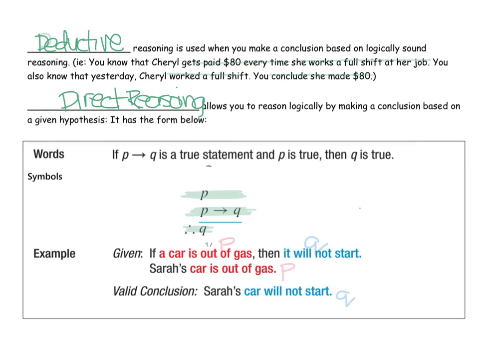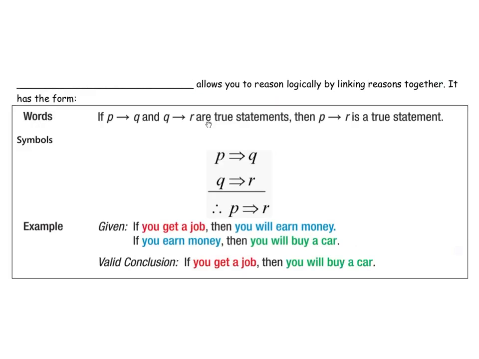The second common form of reasoning that we use is called chain reasoning. And chain reasoning allows us to chain reasons together in kind of a domino fashion to make a conclusion that is also in the form of a conditional statement.